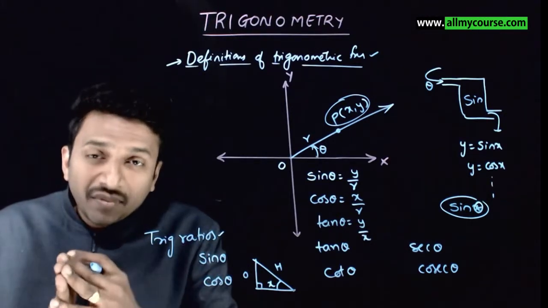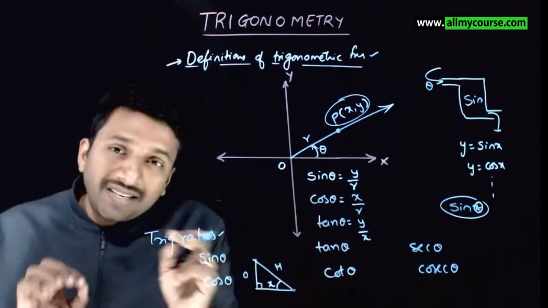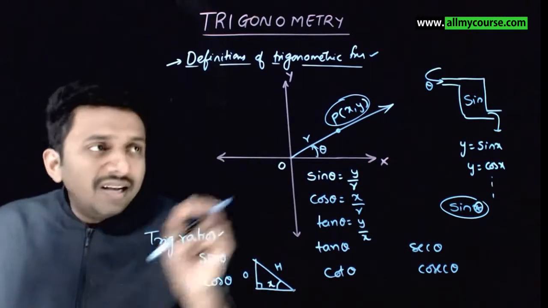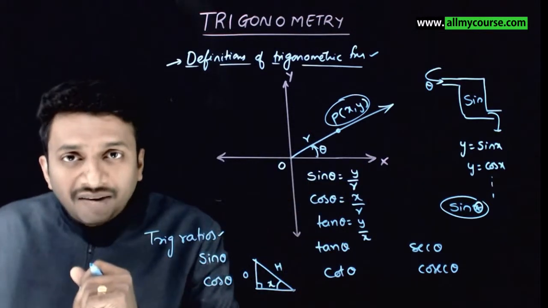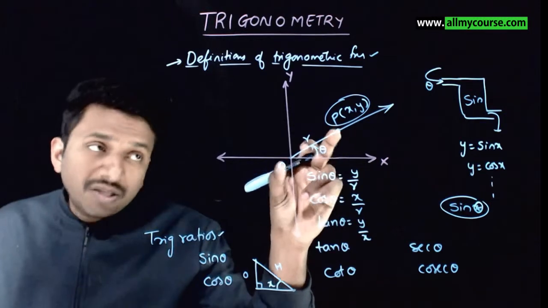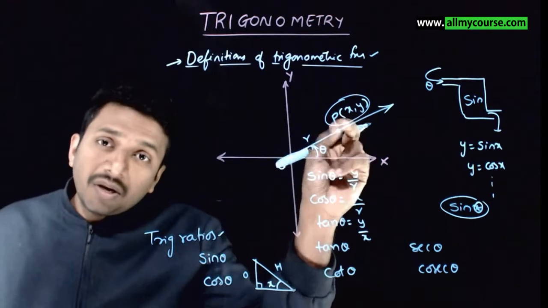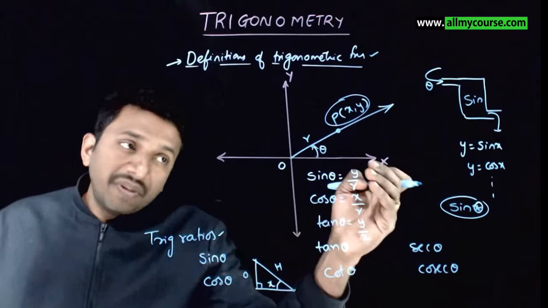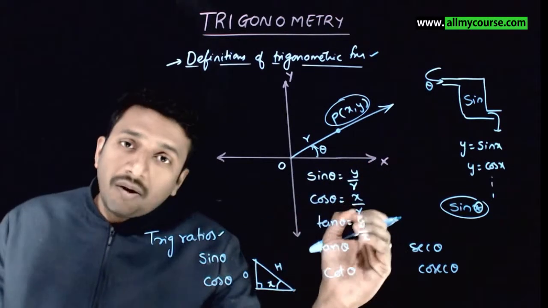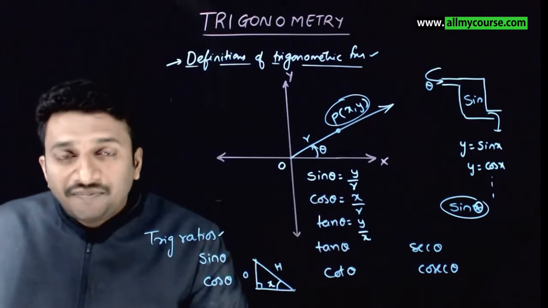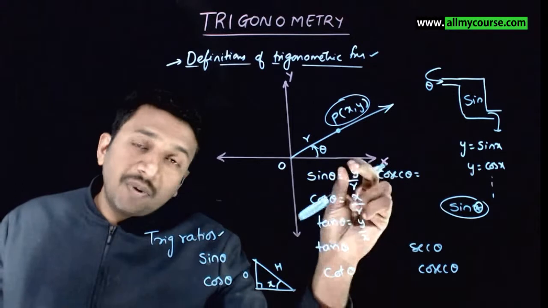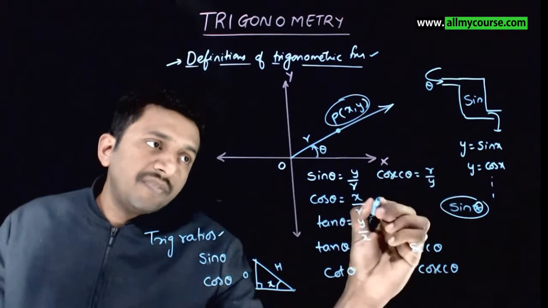So now there is no triangle. You don't need a triangle. Whenever you want to find sine of a certain angle, you just rotate the ray through that much angle, take any point P on that line, and let the distance of the point from the origin be equal to r. You have some x coordinate, you have some y coordinate, and y coordinate by r is sin theta, x coordinate by r is cos theta, y coordinate by x coordinate is tan theta. Similarly, cosecant theta is defined as the reciprocal of sin theta, r by y.